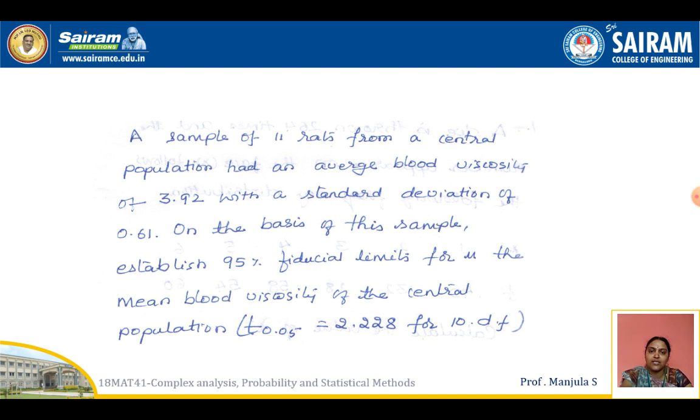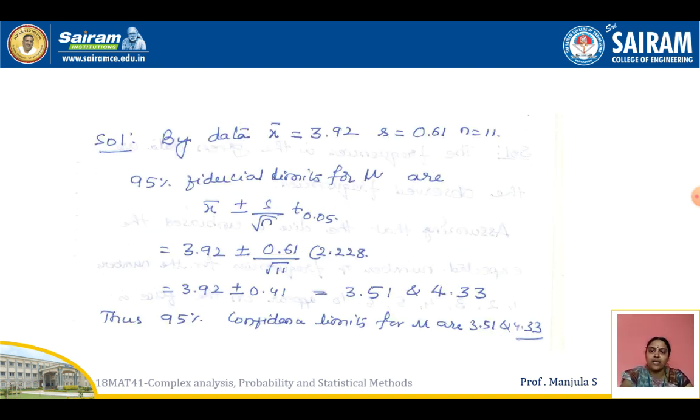Now they asked us to find out the 95% fiducial limits. So x bar we can write as 3.92, S, the standard deviation, they given as 0.61, and n, the number, is equal to 11.